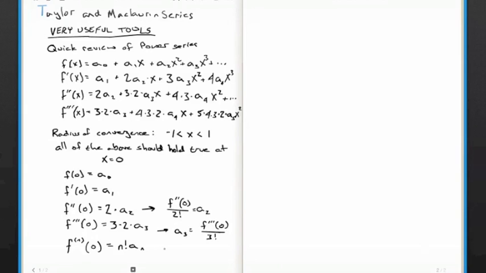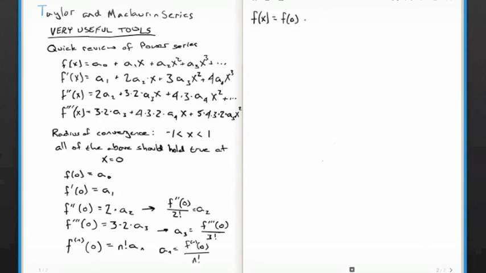And this says that a sub n equals the nth derivative at 0, all divided by n factorial. So now that I've solved for all my a's, that's very useful, because I can stick this in here and for some f of x that I don't necessarily know, I can estimate that, or maybe even say exactly what it is.